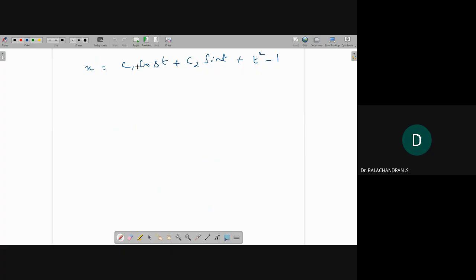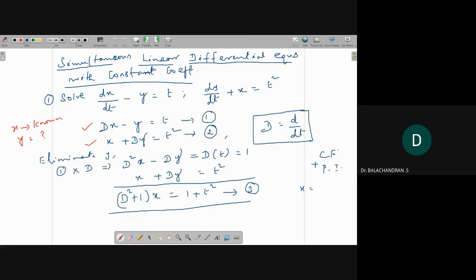So you need to write C3 and C4 in terms of C1 and C2. Then you should substitute the values of x and y in either the first equation or second equation, write C3 and C4 in terms of C1 and C2, and again substitute in y. So that is a little bit difficult.